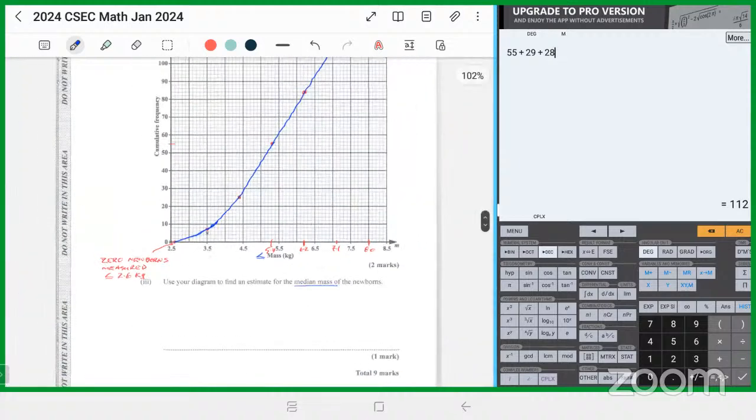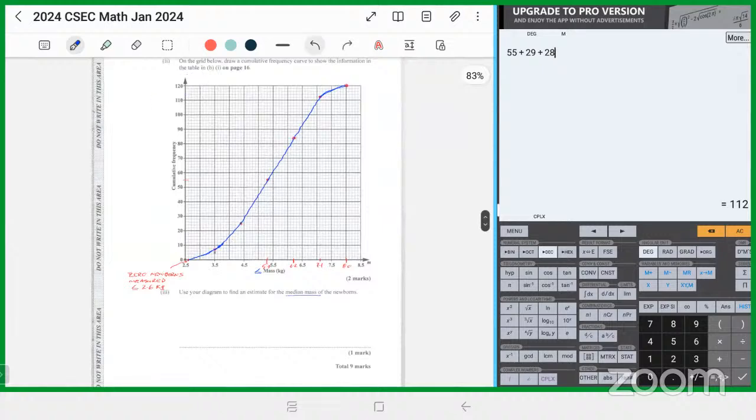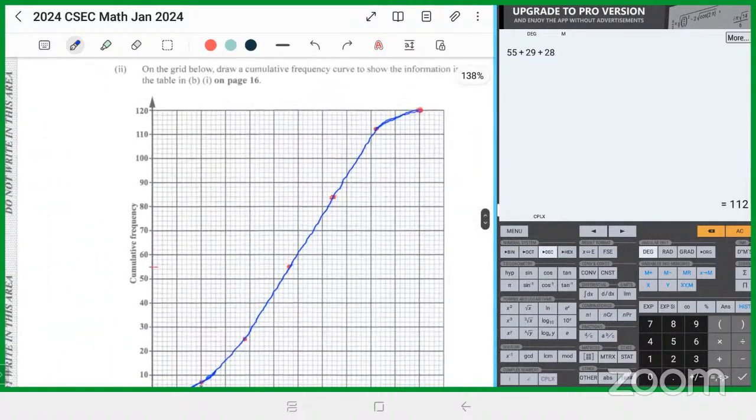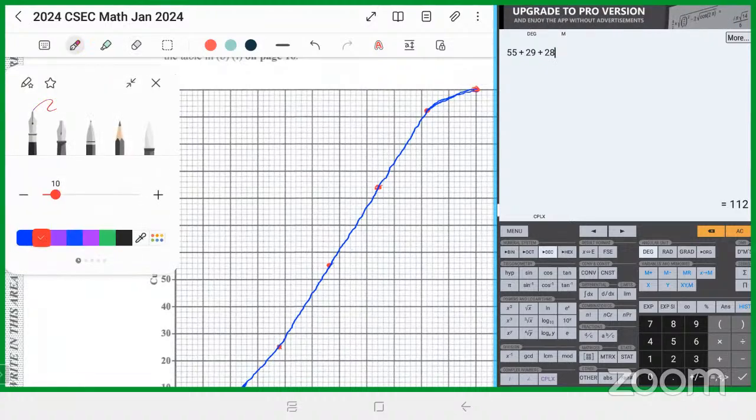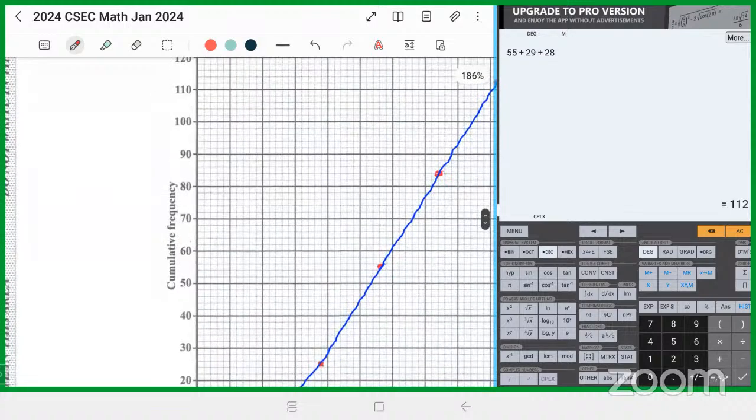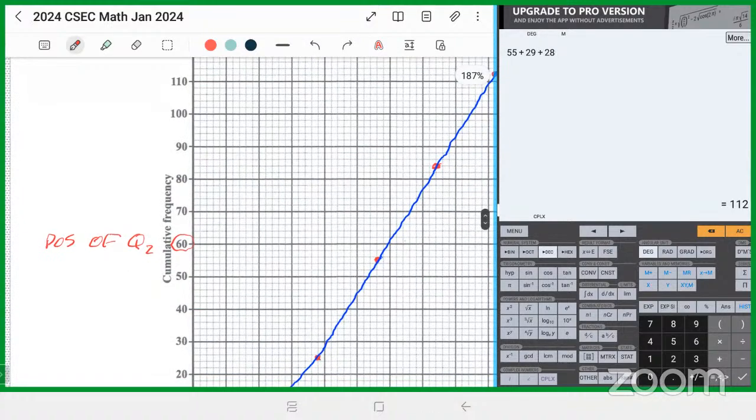And since there are 120 newborns, the position of the median newborn baby is the 60th one, halfway. So this is the 60th baby in the median position. This is the position of Q2. Remember, Q2 is the symbol for the median. It is the second quartile.